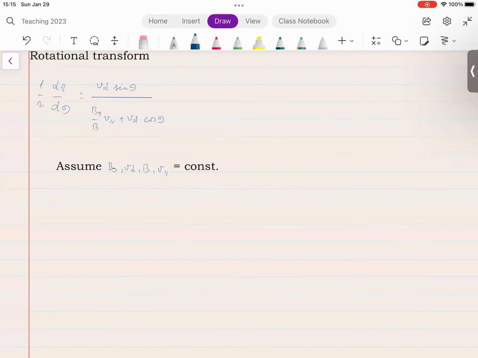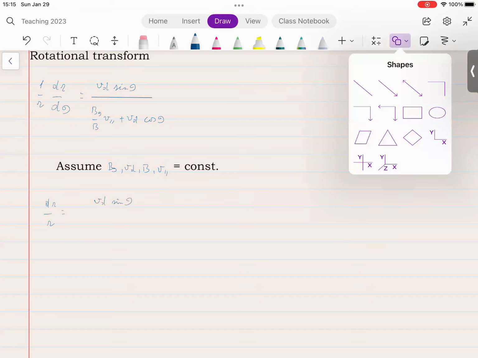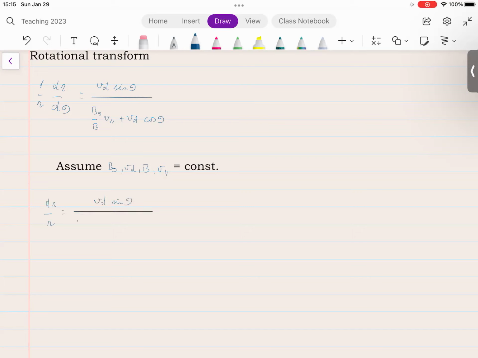Okay, if I make those assumptions, you can see that the equation is easy to integrate, because I can write it as dR over R is equal to V drift sine theta over B theta over B V parallel plus V drift cosine theta, dθ, which is pretty much A times sine theta divided by B plus A cosine theta dθ, where A and B, of course, are constants.